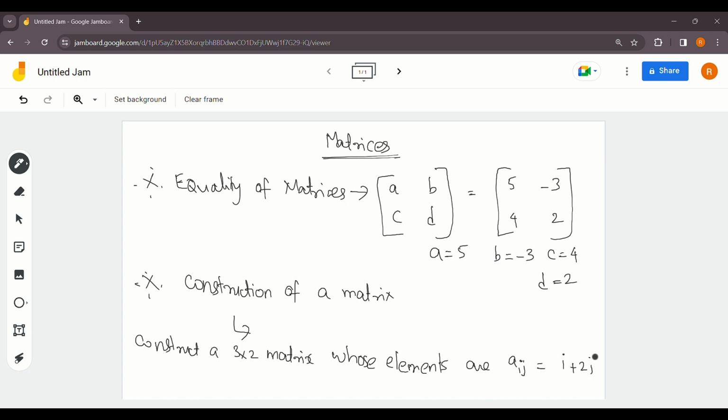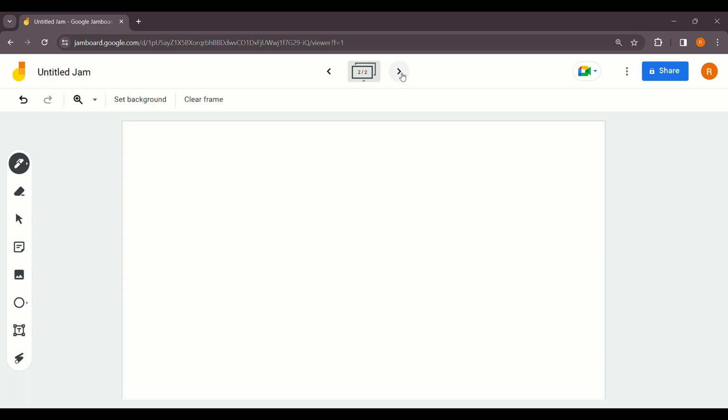For this you need to construct a skeleton first. It is a 3 cross 2 matrix, which means it will have 3 rows and 2 columns. So first fill a skeleton with 3 rows and 2 columns.